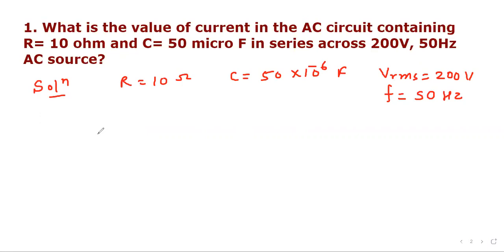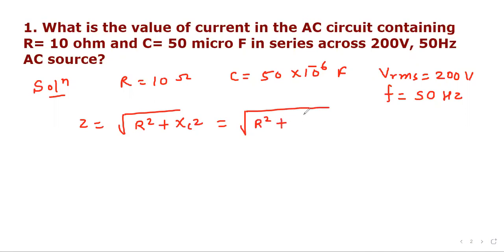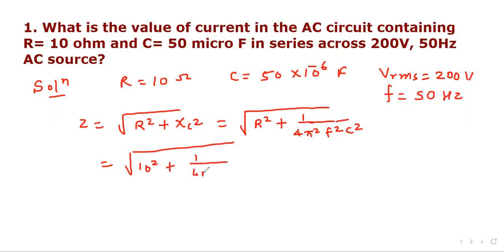So we can find Z. Z equal to root of R square plus XC square, that is the root of R square plus 1 upon 4 pi square F square C square. We can put the values. So it will become root of 10 square plus 1 upon 4 pi square into F square, that is 50 square, times capacitance square, that is 50 into 10 power minus 6 square.